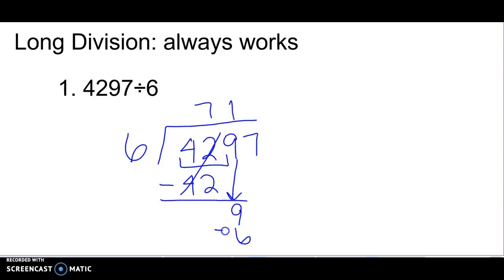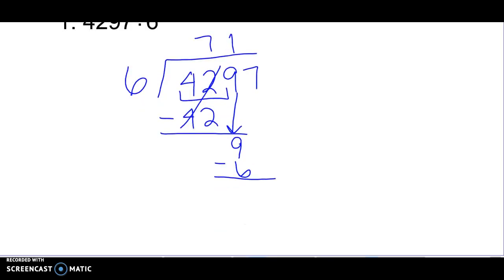Multiply them together. Subtract. Bring down your last 7. So it gives you 716 with a remainder of 1.